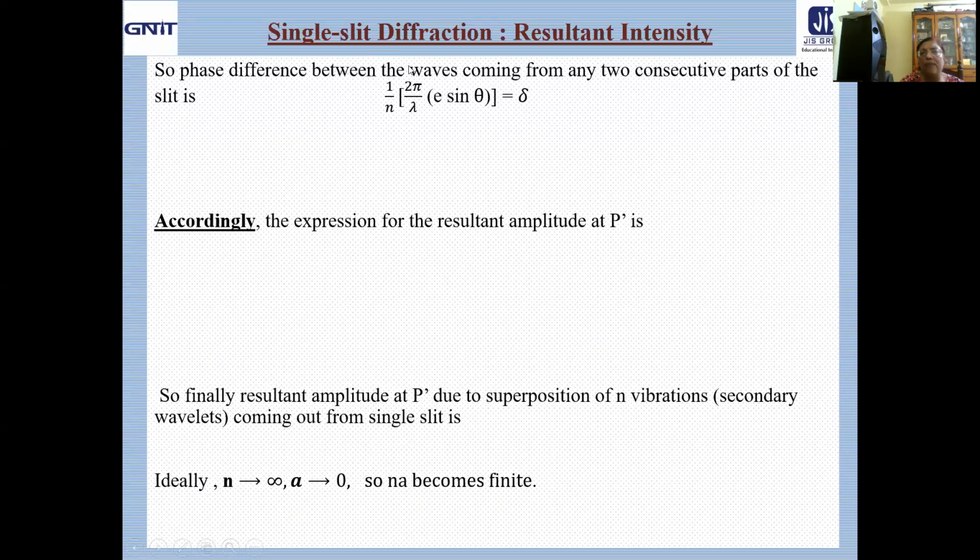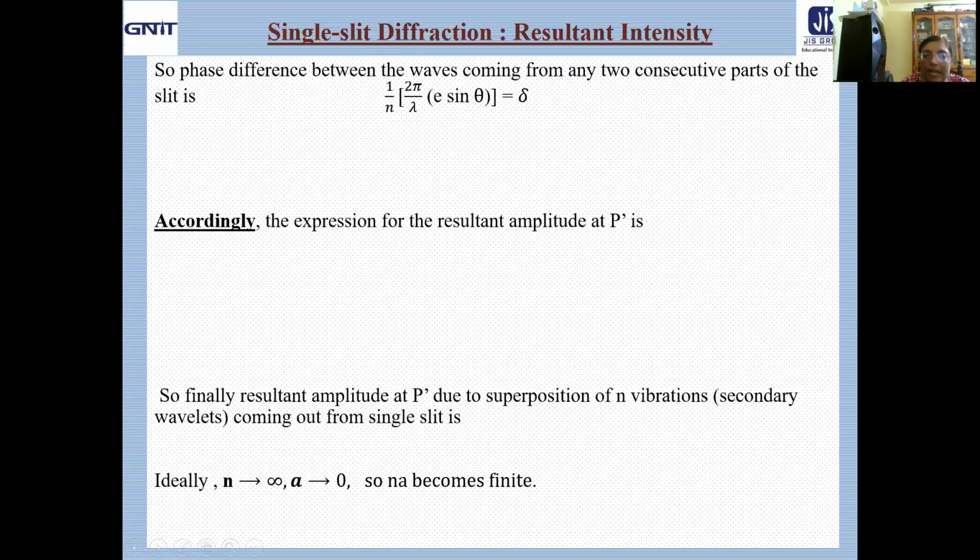So, the total phase difference between the waves coming from any two consecutive parts of the slit, what will be the relationship? 1 by n into 2 pi by lambda into e sine theta. Because considering the entire width of the slit, the total phase difference is 2 pi by lambda into e sine theta.